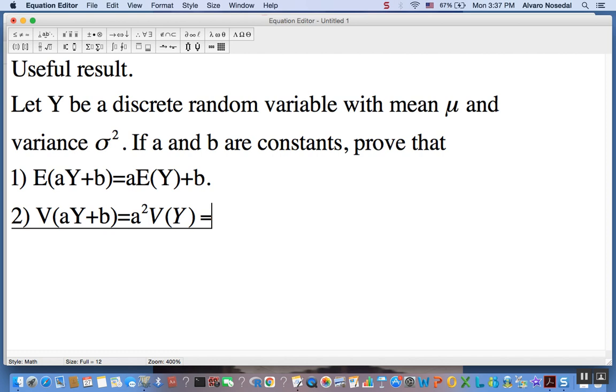And if we use the sigma notation, what we have is a square times sigma square. This is just notation, right? Okay, here goes our proof.